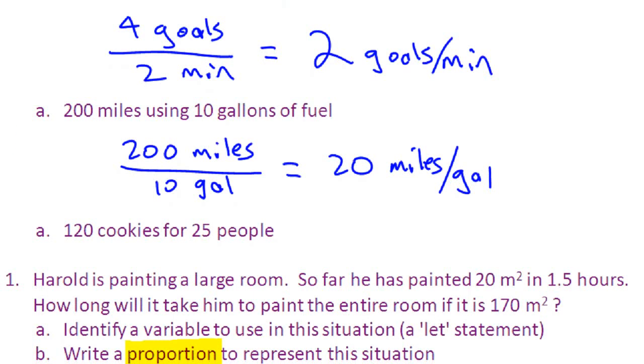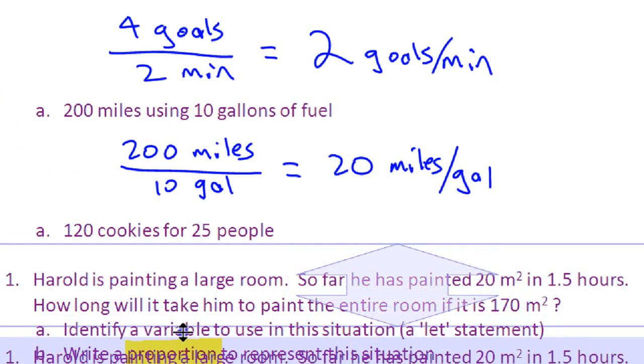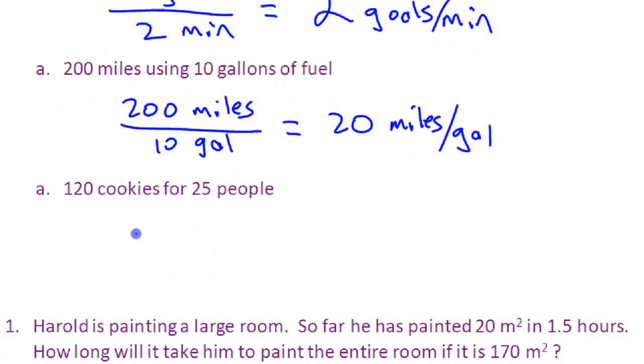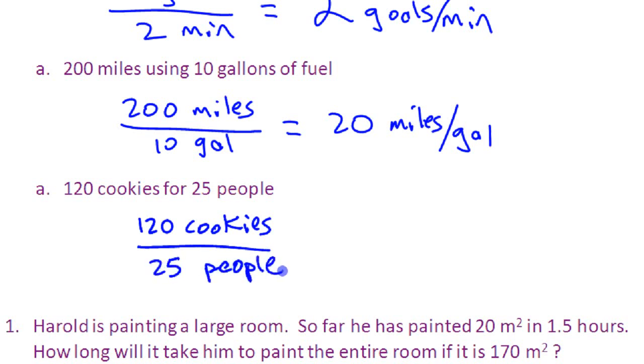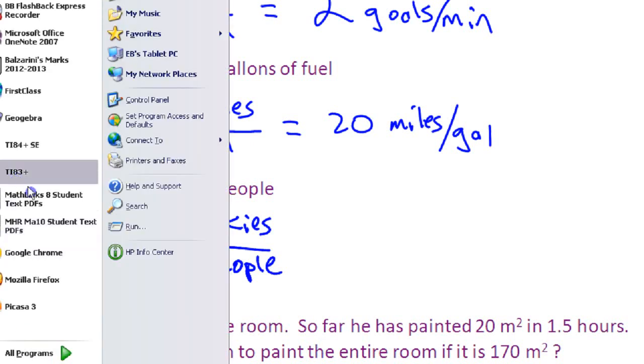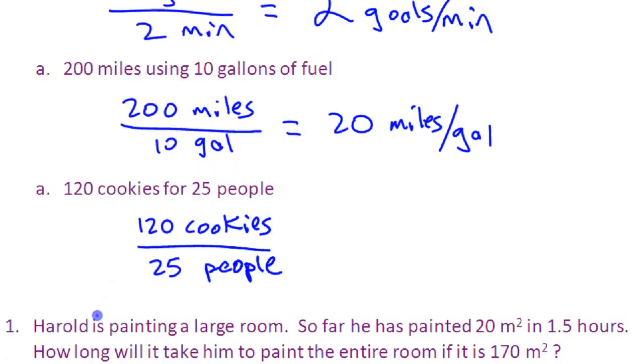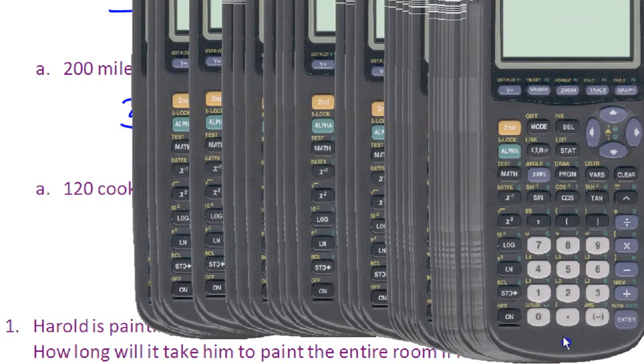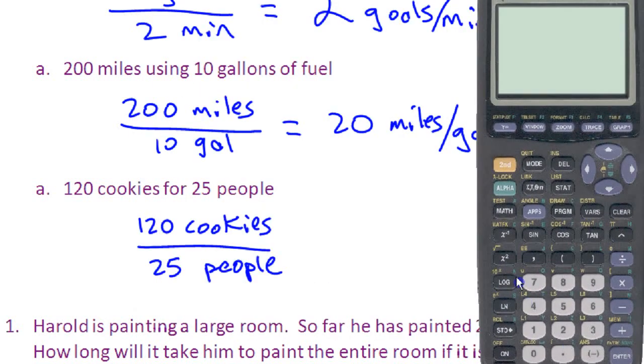And then the last one, cookies and people. If you have 120 cookies, now I'm going to do it this way. Put the cookies on top and the people on the bottom of the fraction here. If you divide, that doesn't divide nicely, does it? 120 divided by 25, you can either try and divide it in your head. It's going to be 4 point something. If you wanted to, though, you're welcome to resort to a calculator here. 120 divided by 25, 4.8.